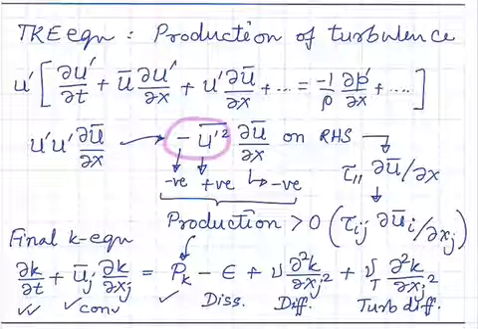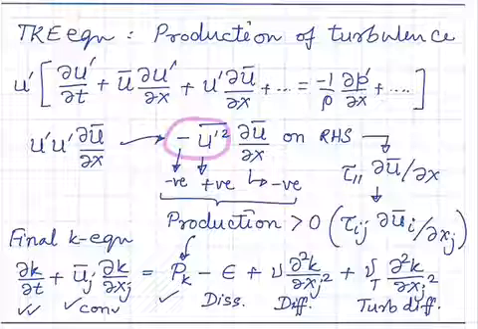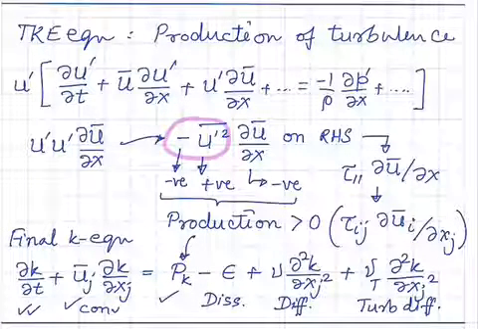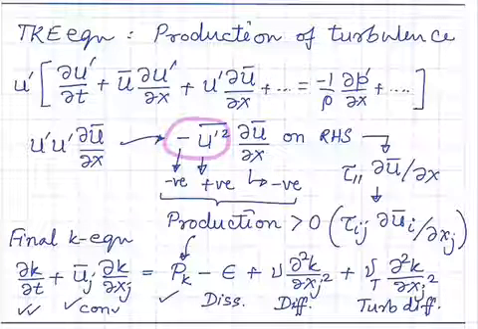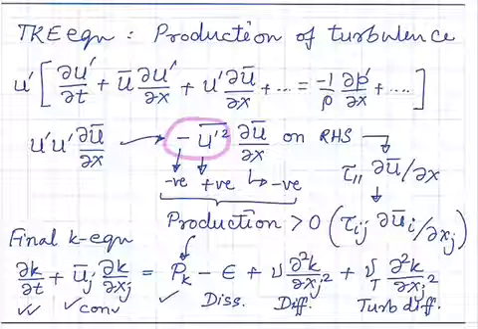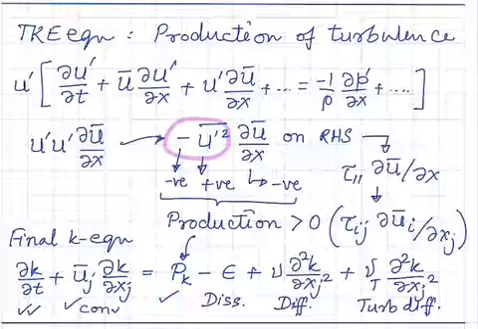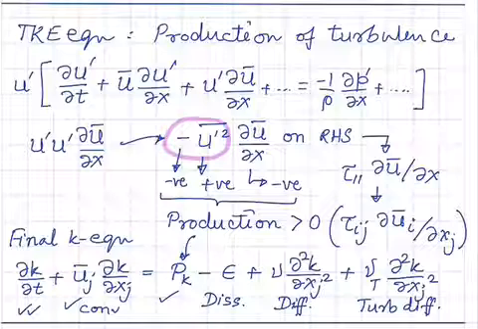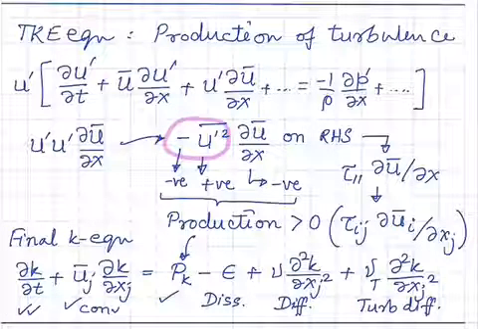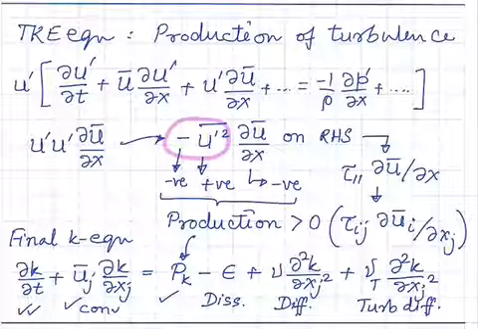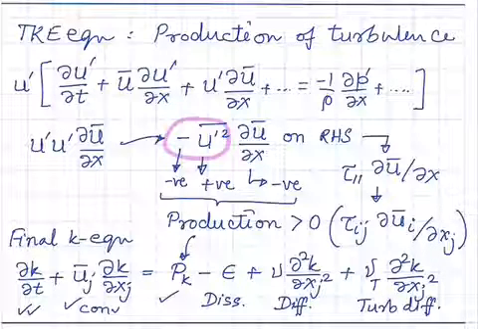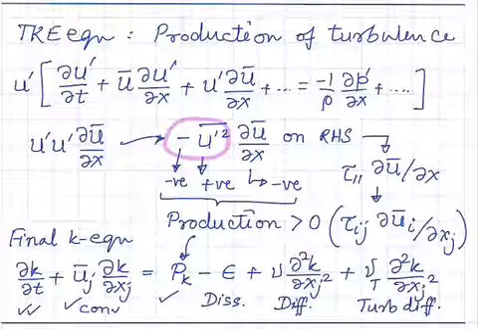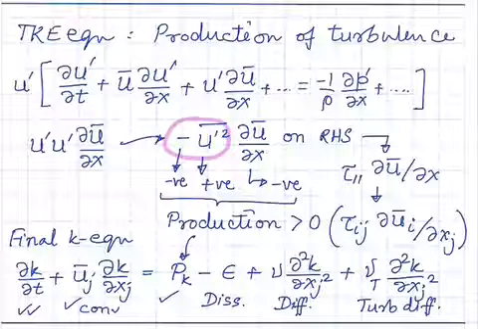There could be dissipation because of friction effects, killing all those small fluctuations because they're rubbing against each other. And there can be diffusion, both molecular diffusion, which is kinematic viscosity, and turbulent diffusion because of eddy viscosity. So the key message here is that there are four mechanisms which can control turbulence, apart from convection, which is being carried by the flow and is obviously there in any fluid mechanics phenomena. The four mechanisms are production, dissipation, diffusion, and turbulent mixing.